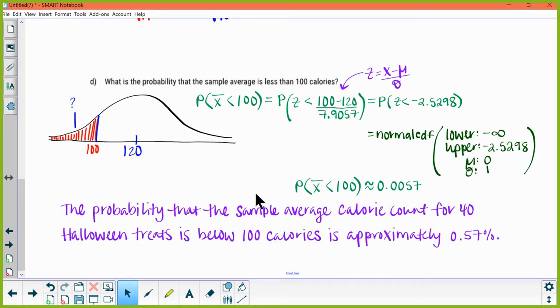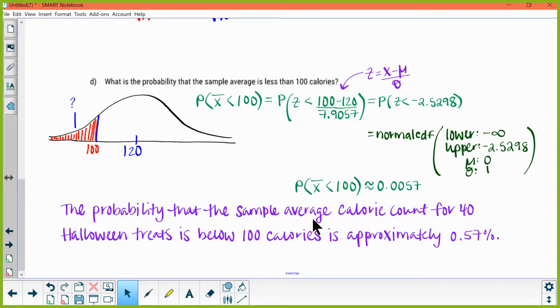Some things you want to make sure you include whenever you are summarizing your probability. You do want to call it a probability. You don't want to say there is a, because we don't know for sure that our estimation is the value someone will get every single time.